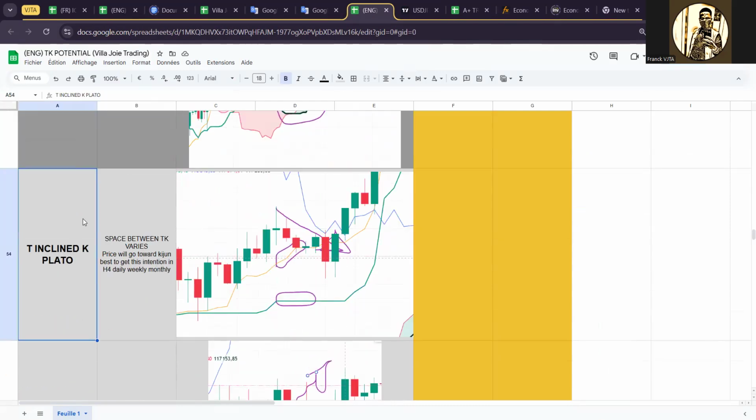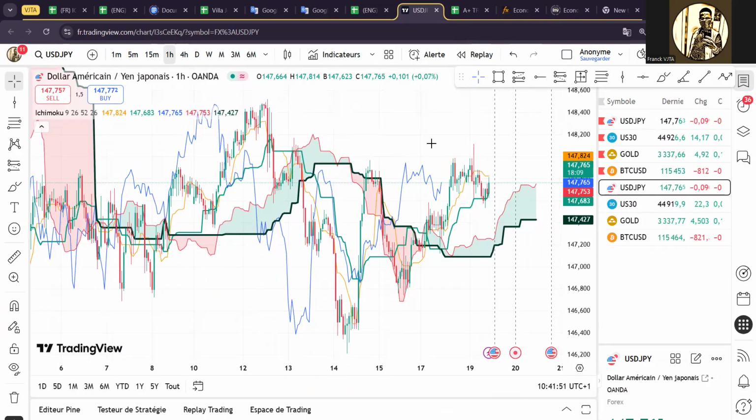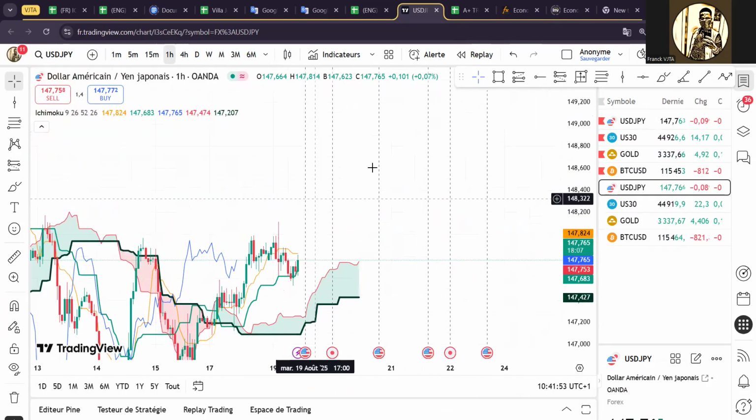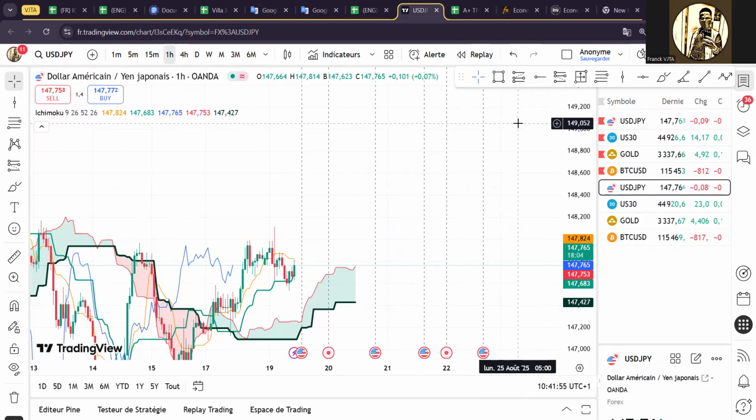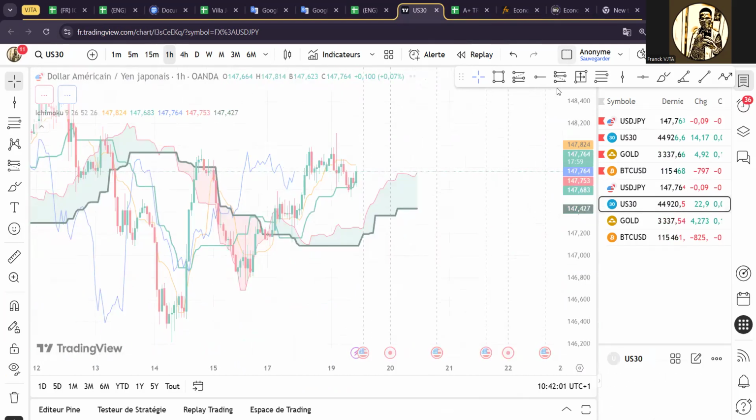So now let's look at this Tenkan incline to the upside and Kijun plateau. What does that mean? I need to look at a live example.